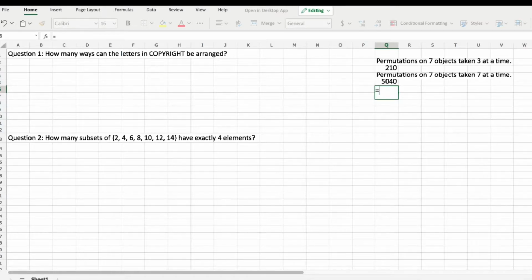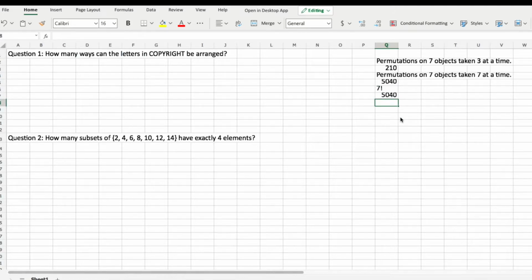But if you know how permutations work, you can also just say that's going to be 7 factorial. So what if we just wanted to calculate 7 factorial without the permutation function? Well, that's easy. You just type in fact for factorial, put 7 in your parentheses for your input, and hit enter. And we get 5,040 again, which is what we expect.